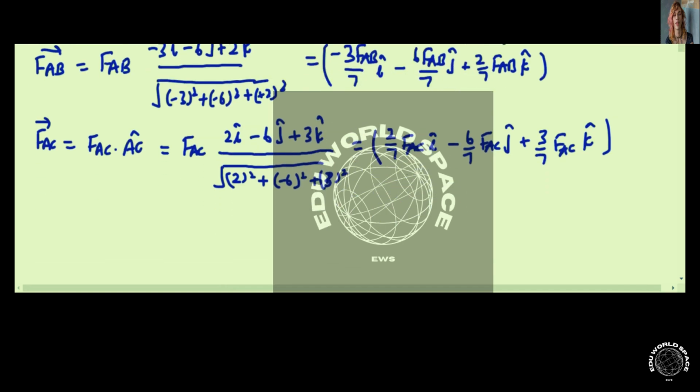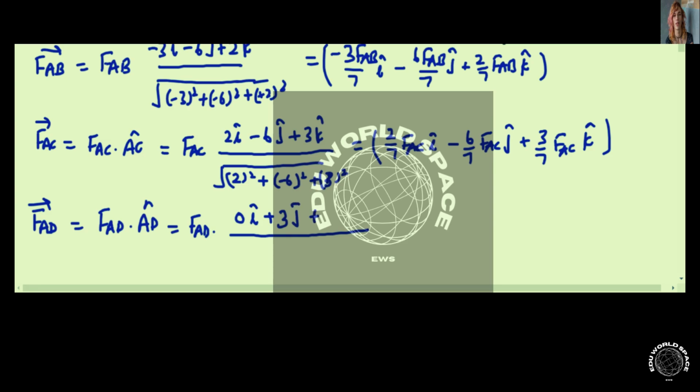Now FAD force, this would be magnitude of FAD multiplied with unit vector of AD. So FAD into unit vector we are forming using the figure: 0 I cap plus 3J cap plus 4K cap divided by square root of 3 squared plus 4 squared.